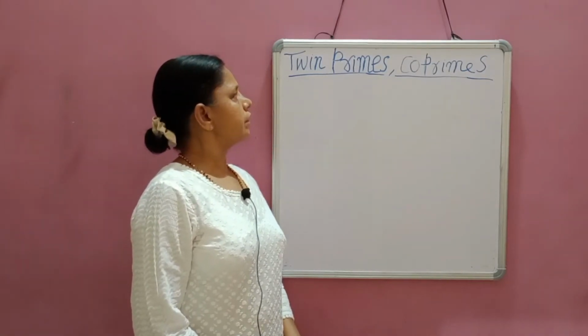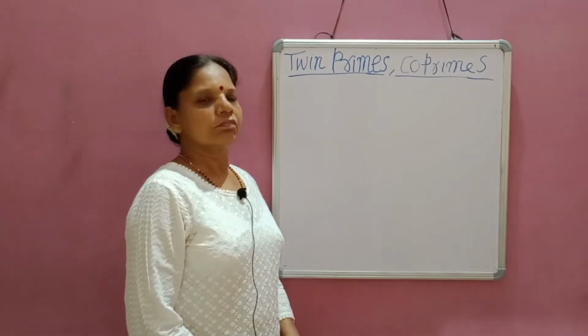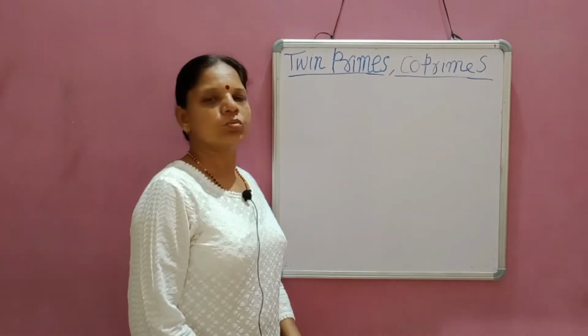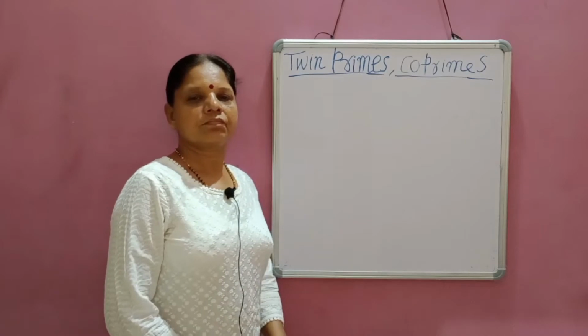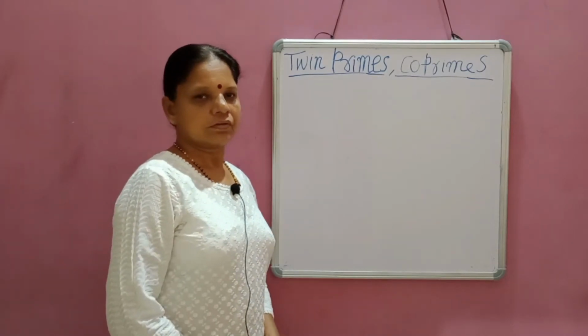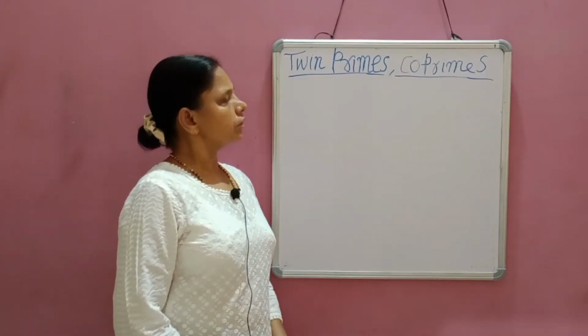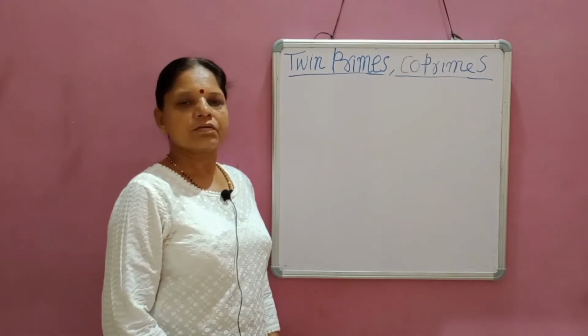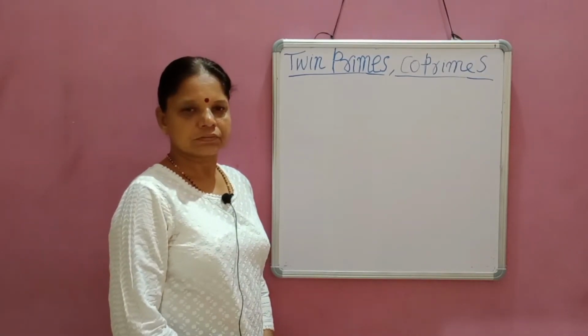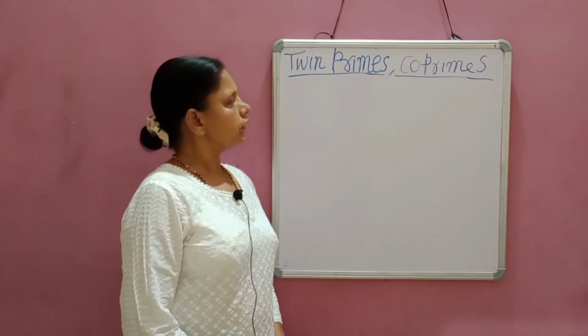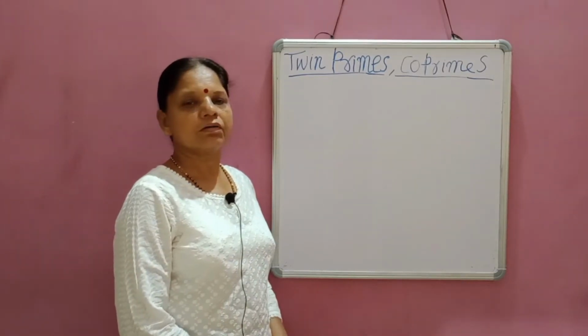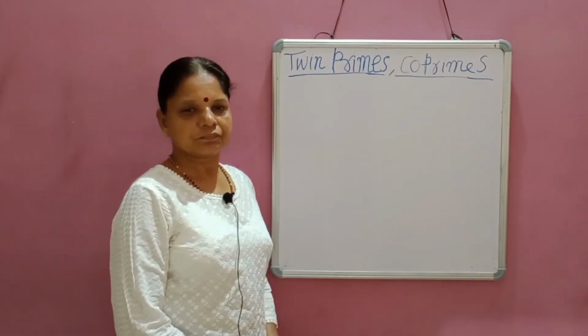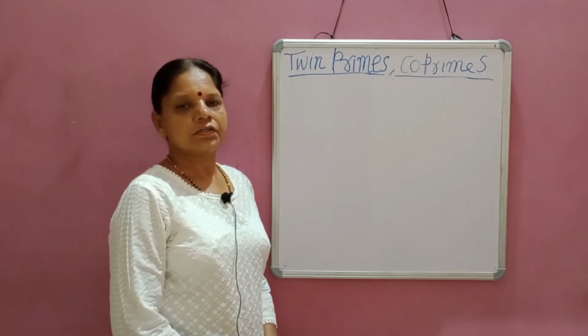First, we'll take what twin prime means. Two pairs of numbers satisfying a particular condition. What is that condition? We will see.